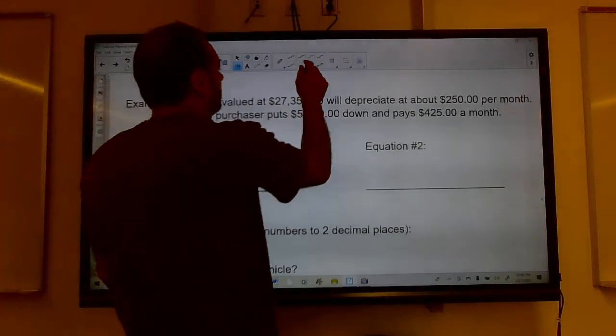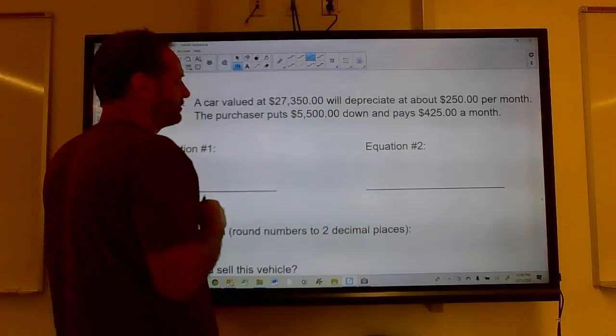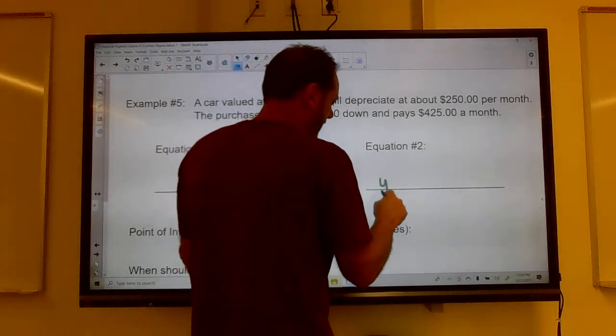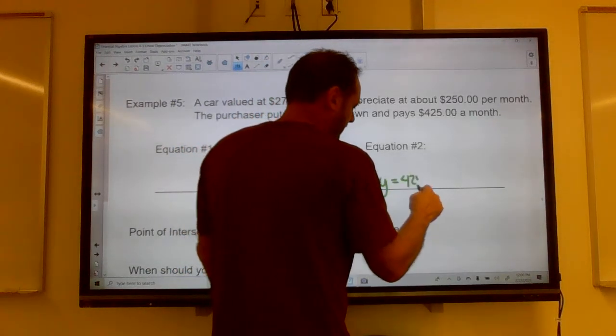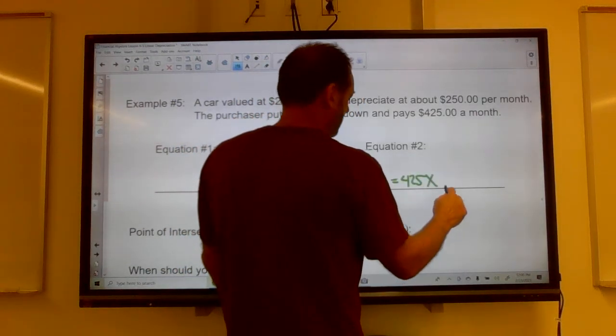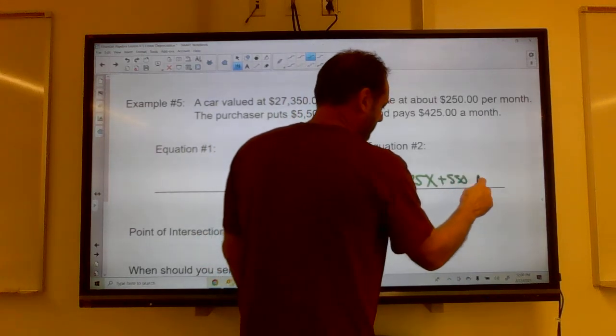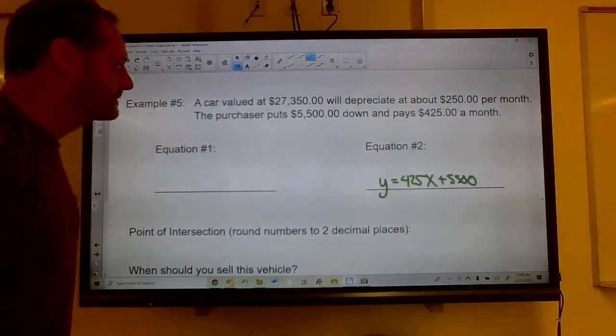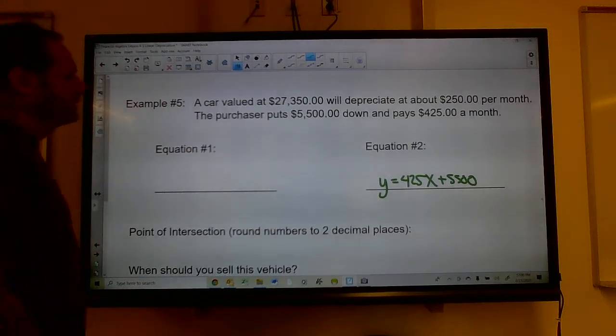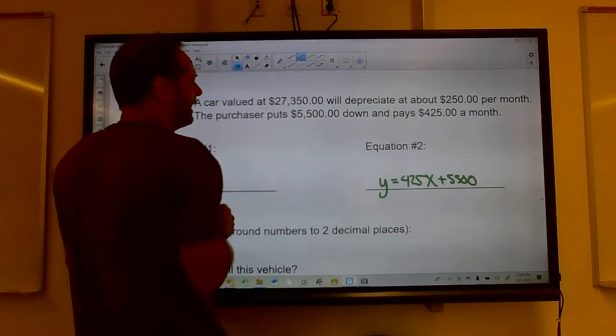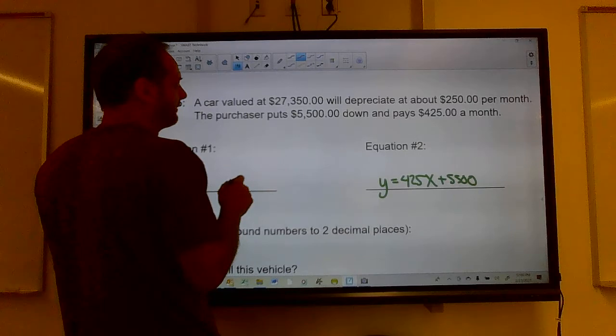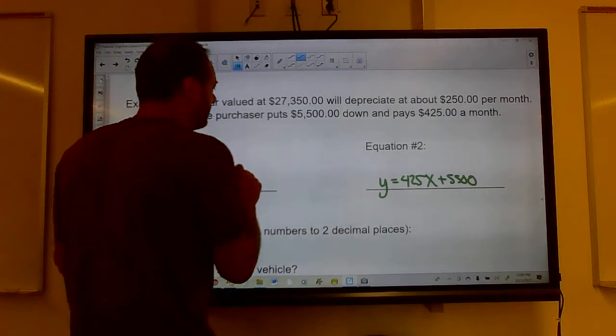Okay, so equation 2 is the easiest one. We'll do it first. Y equals $425 per month plus $5,500. On this one, I have to figure out the slope. So the Y-intercept is easy.